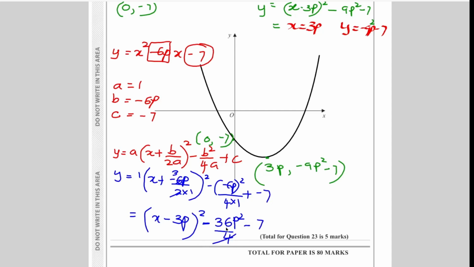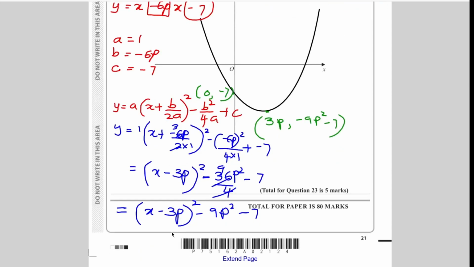So 4 times 9. Finally our answer is x minus 3p squared minus 9p squared minus 7. This is our complete the square format.